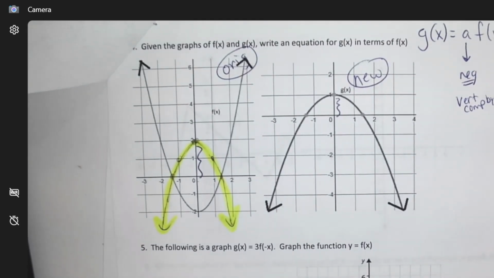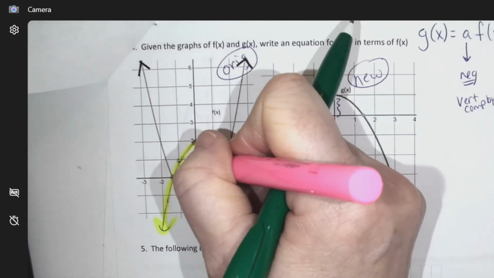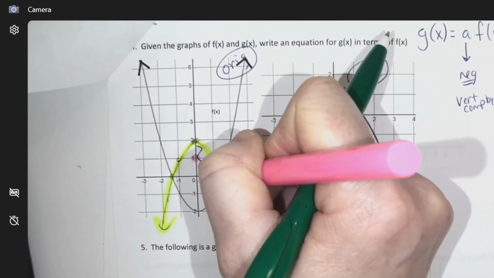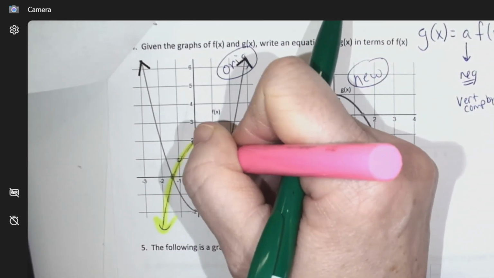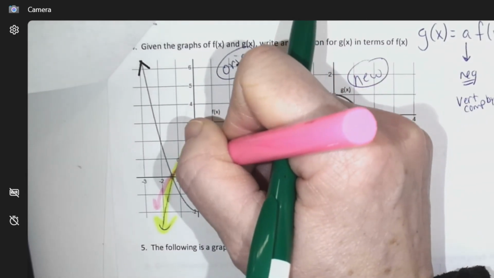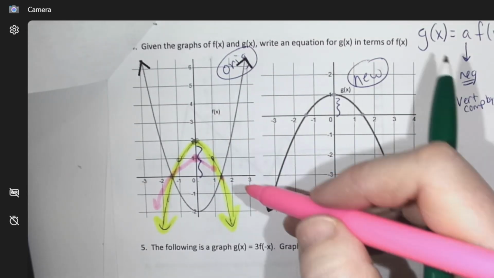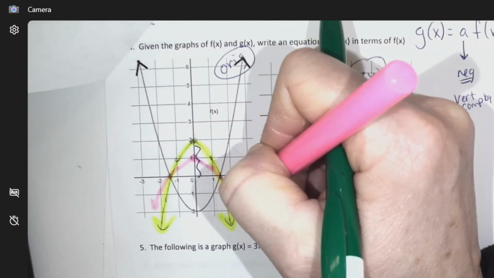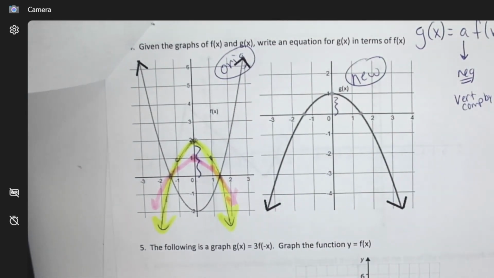Now I'm going to do that. So I'm going to draw the height of 2 is now the height of 1. And then I think we match, don't we?